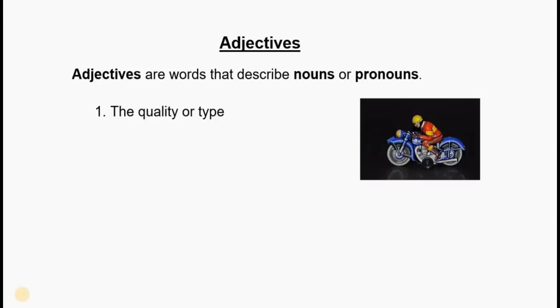For example, Tom is riding on a blue motorcycle. So, motorcycle is the noun, the object, and the word blue is telling us more information about the motorcycle. It's describing the motorcycle. It's not a red motorcycle. It is a blue motorcycle.